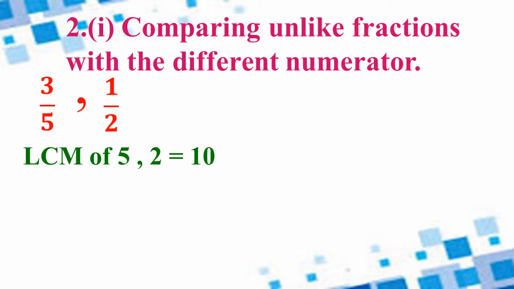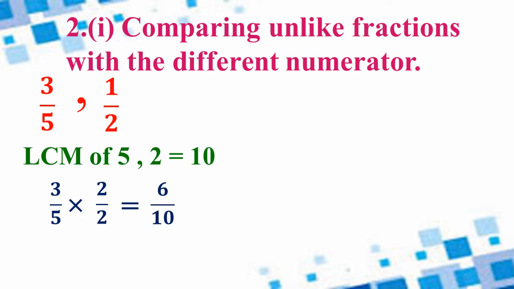So, let us multiply both the numerator and denominator of the fraction 3 by 5 with 2. So, we get 3 into 2 equal to 6, 5 into 2 equal to 10. So, that is 6 by 10.